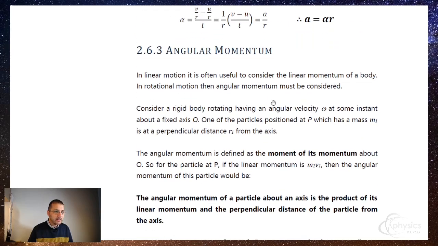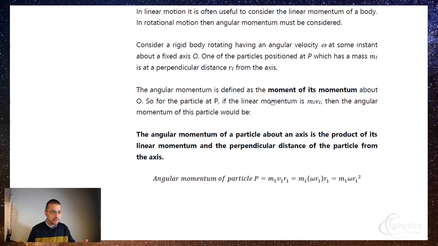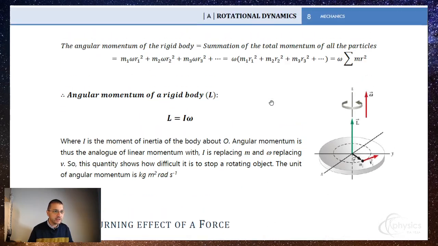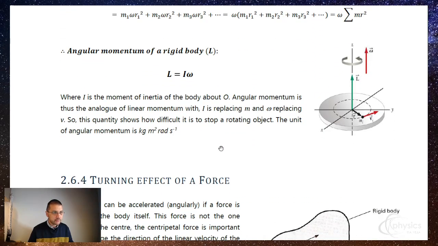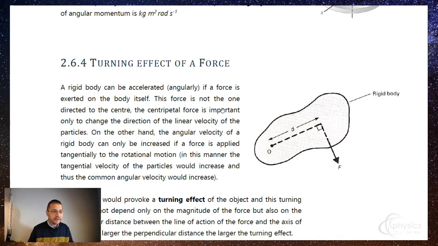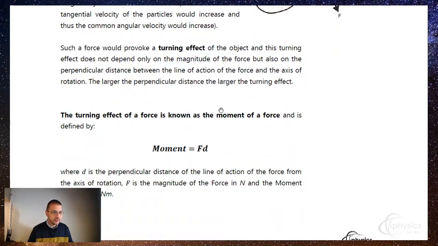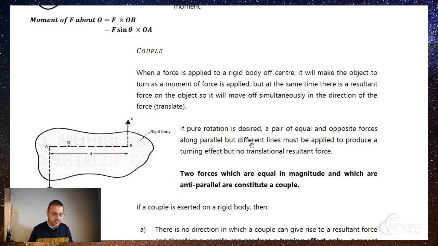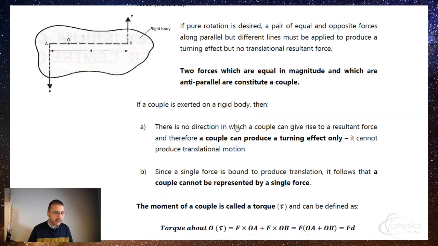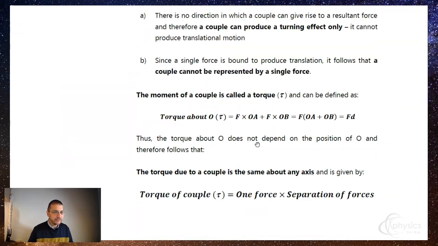Alright, mela, ħanurikom daqsxejn minn noti. Għandkom din il-biċċa fuq angular momentum, attenti li tkunu tafu d-definition tal-angular momentum. Alright, u l-formula, turning effect of a force, diġà tkellimna fuqha, moment of a force, u mbagħad hawnhekk inkompli fuq il-couple, għandkom id-definition of a couple, u għandkom id-definition of a torque.